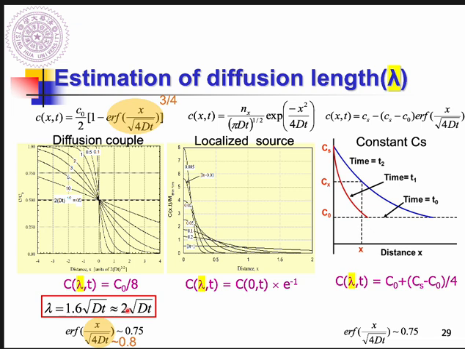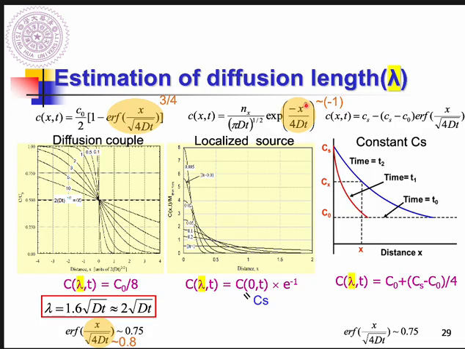If you check the limited source one, at lambda, x equals to 0. So you got this. Sorry, this is CS, right? So this is x equals to 0, and you got the 1 here.